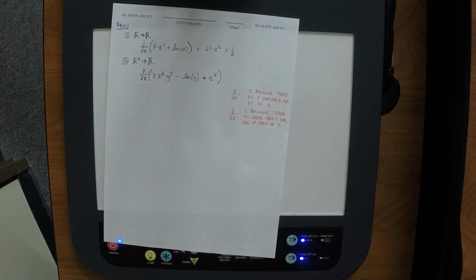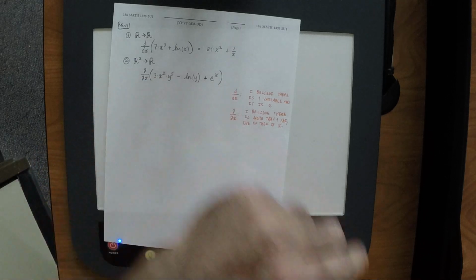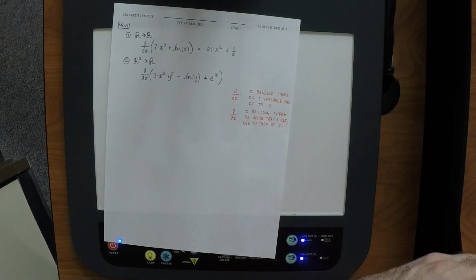So what I'm telling you is that if you write the wrong one, you're sending a signal to the reader, the grader, about your belief about how many variables there are. So it's a very significant matter.